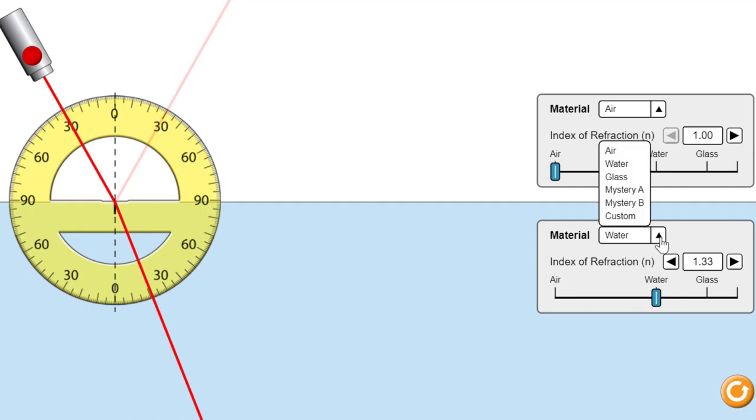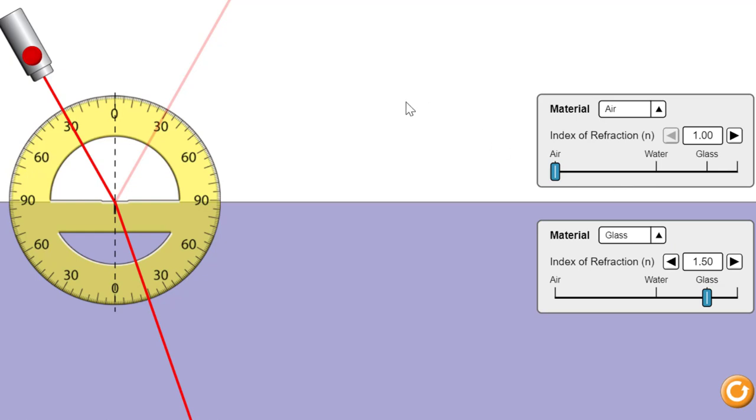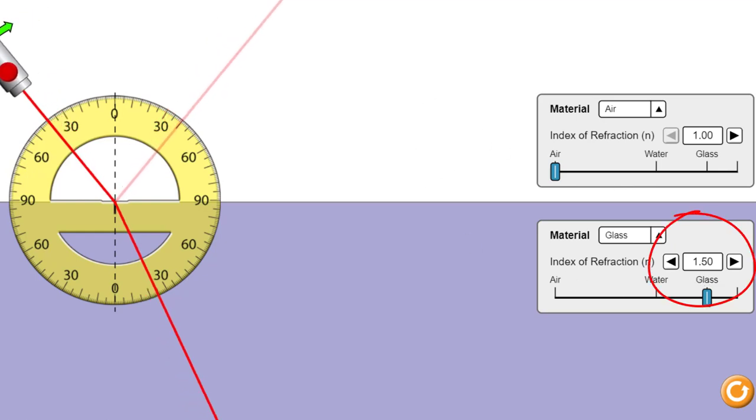Problem number 2 is we're going from air into glass, and glass has an index of refraction of 1.50, and we're going to change this to 40 degrees. So our incident ray is coming in at 40 degrees. Problem 2A, to the nearest whole number, what angle is it reflected at?